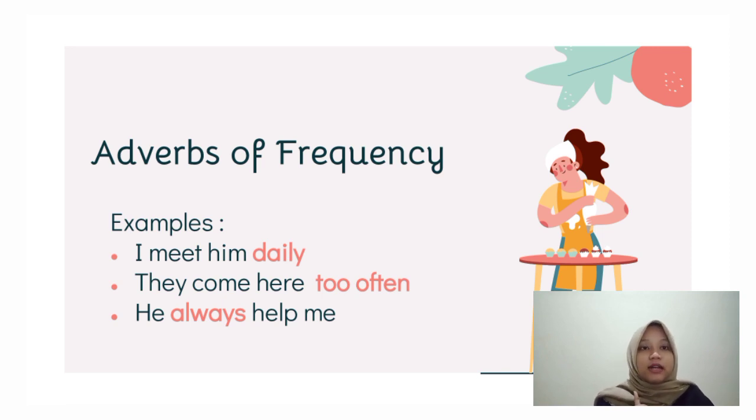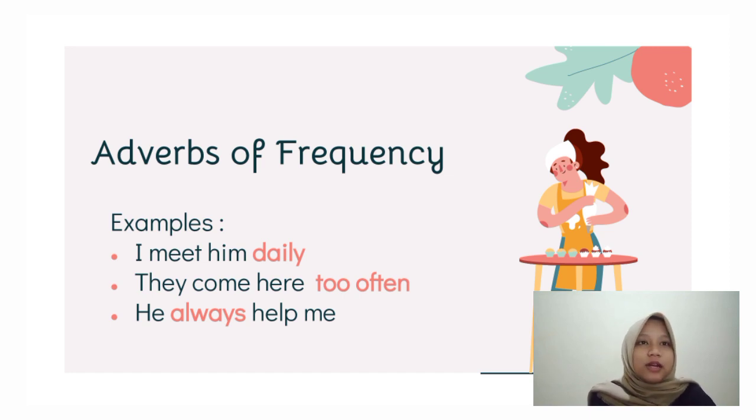Here we have three examples actually. The first one is, I met him daily. And the word daily here is an adverb of frequency because it tells about how often or how many times the action occurs.